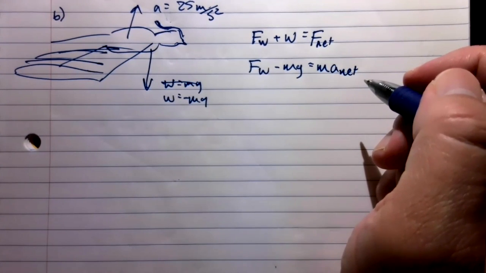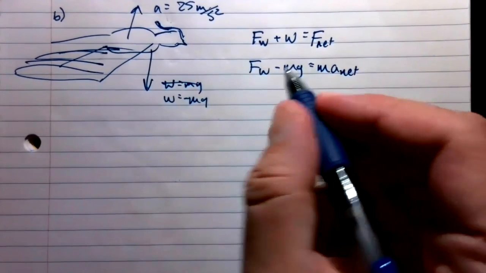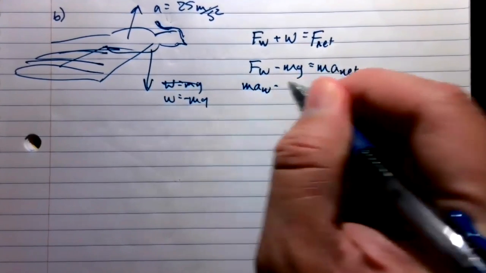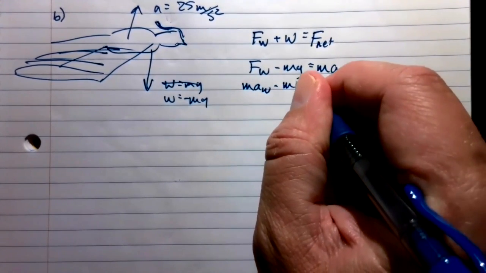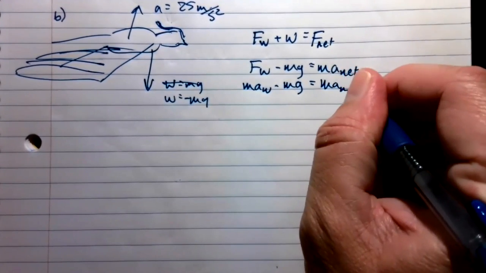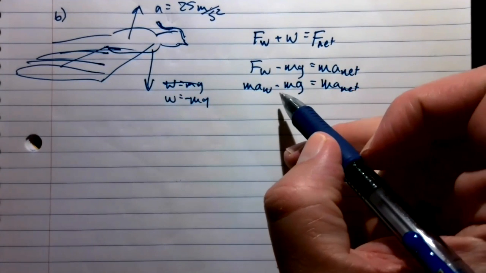This is going to be the acceleration that we're after. So we'll call this m times a wing minus mg, and this is going to equal ma net there. So we'll get the acceleration.